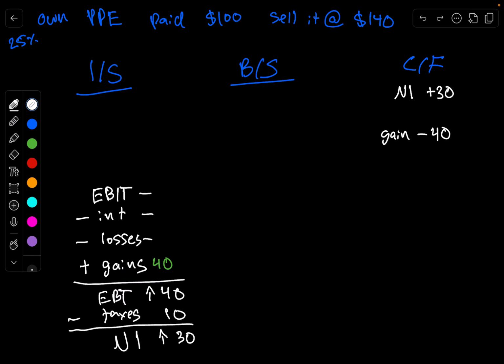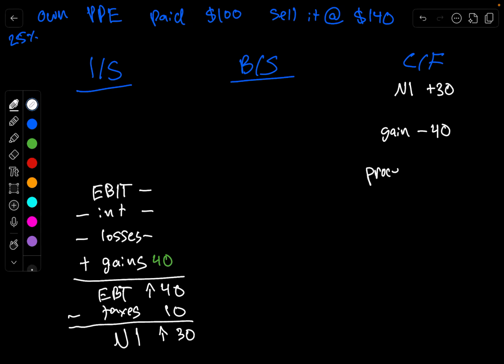What would be correct is to say that I got proceeds of $140. So this net income figure is essentially not representative of the actual cash changes. Because of that, we're going to reverse this gain, and then we're going to recognize proceeds from the sale of 140.